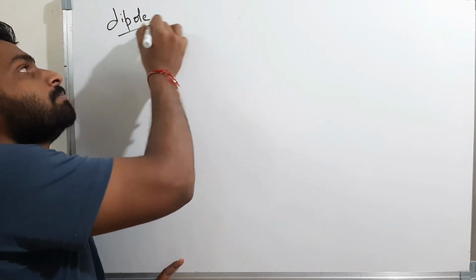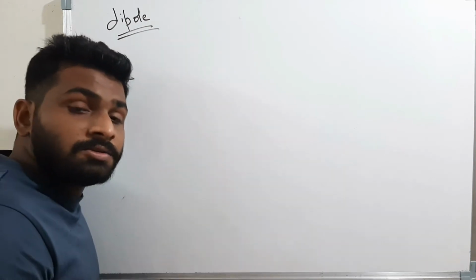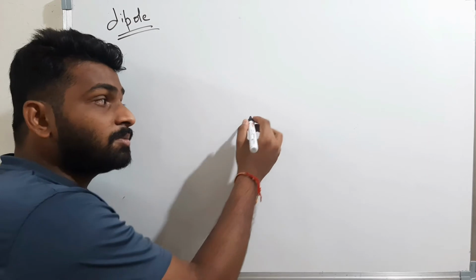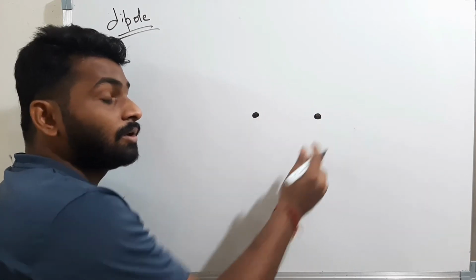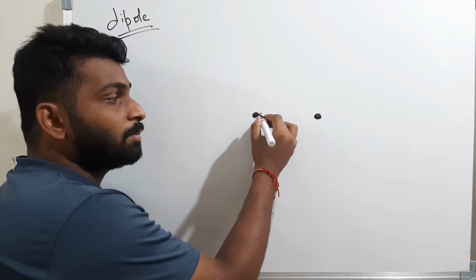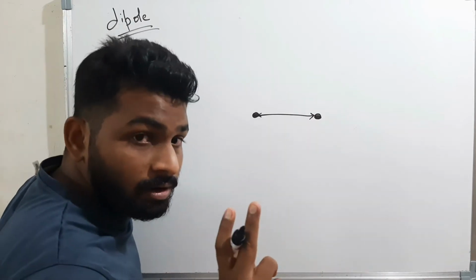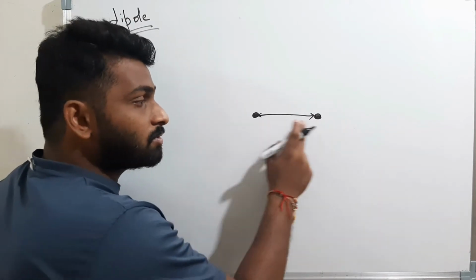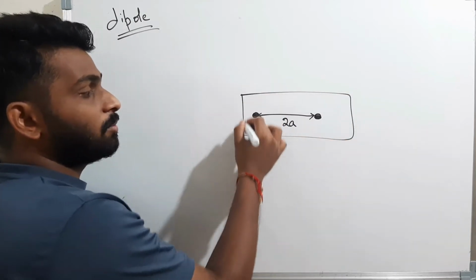What is a dipole? Simply, the arrangement of two equal and unlike charges when they are separated by a small distance. When two equal and unlike charges are separated by a small distance, this arrangement is known as a dipole.